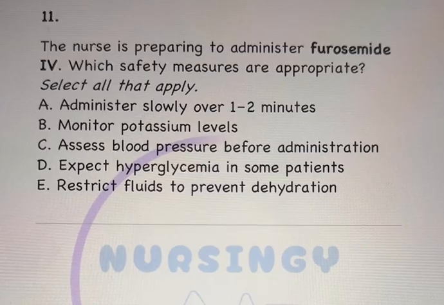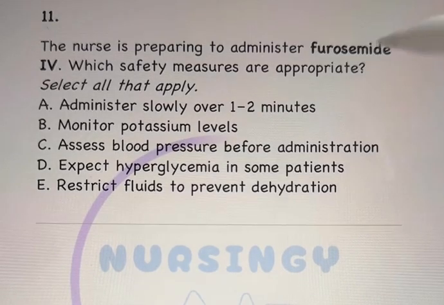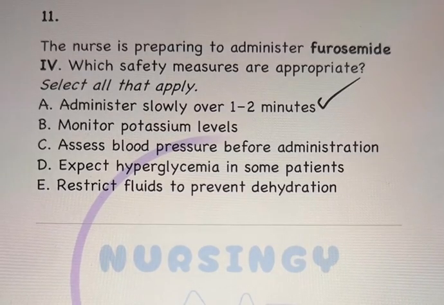You need to be slow, but what will happen? Furosemide can cause ototoxicity. Yes, definitely. It's going to cause ototoxicity, guys. So please remember that.